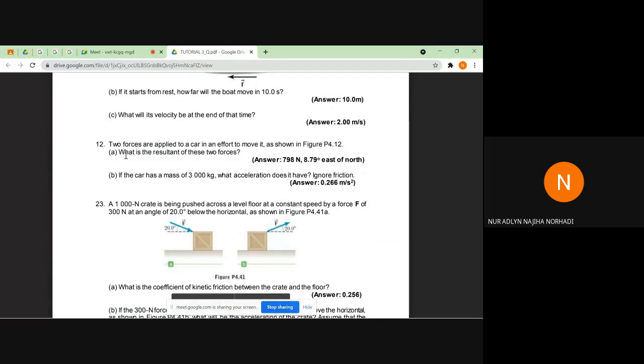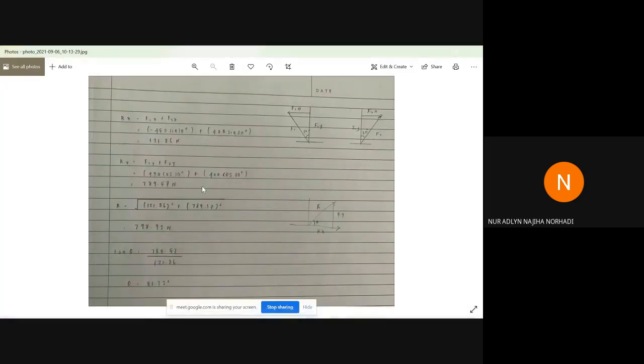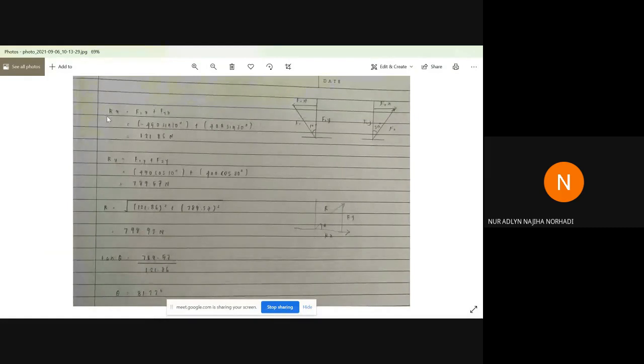So A, soalan dia, what is the resultant of these two forces? Jawapan saya, so firstly kena cari dia punya horizontal dulu, negatif 450 sin 10 degree tambah dengan 400 sin 30.